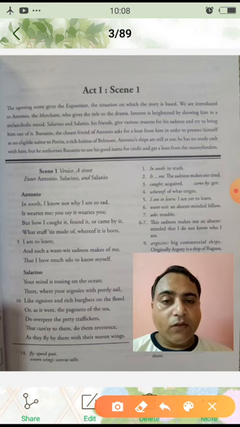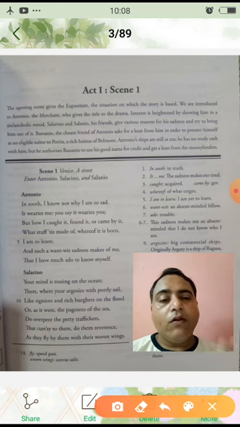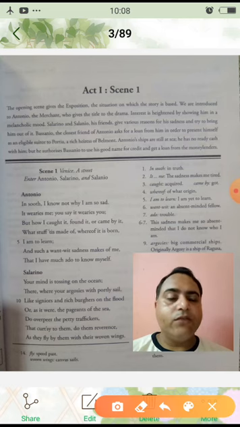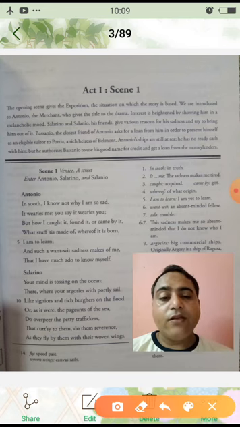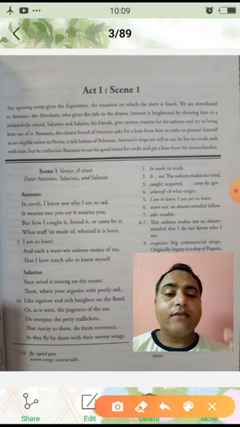He comes and asks for a loan from Antonio to present himself as an eligible suitor to Portia, a rich heiress of Belmont. She lives in Belmont, and he wants to present himself before her in a better way.